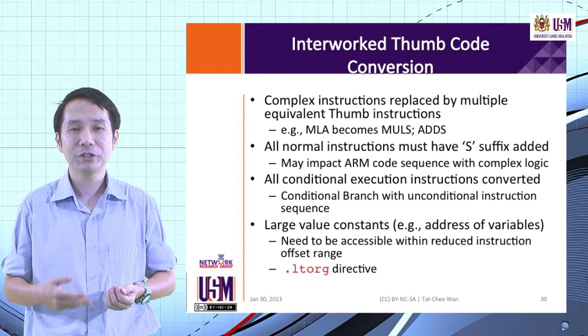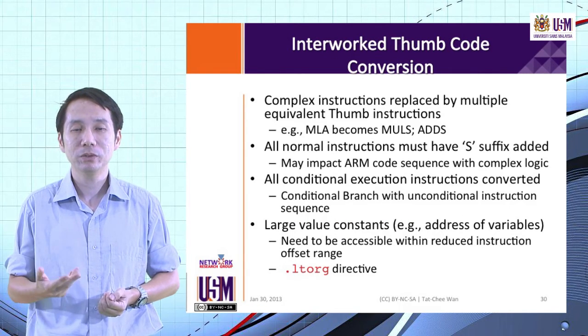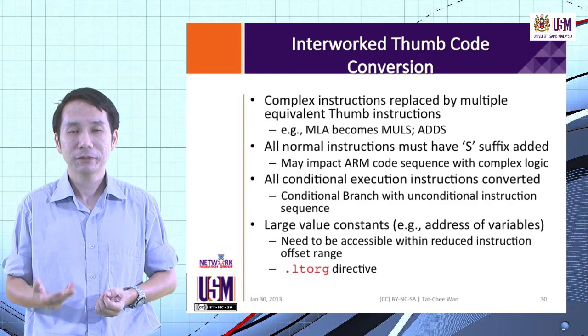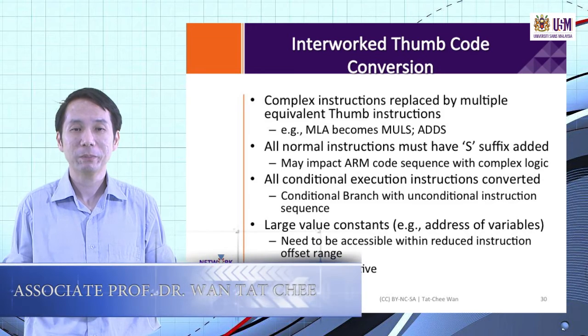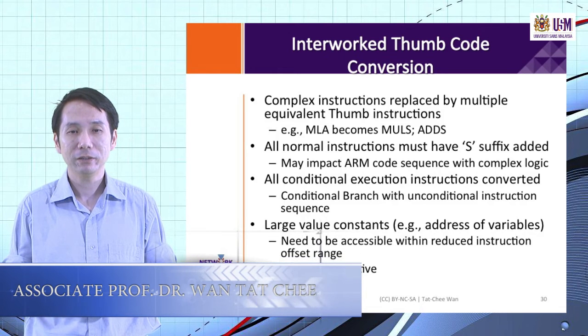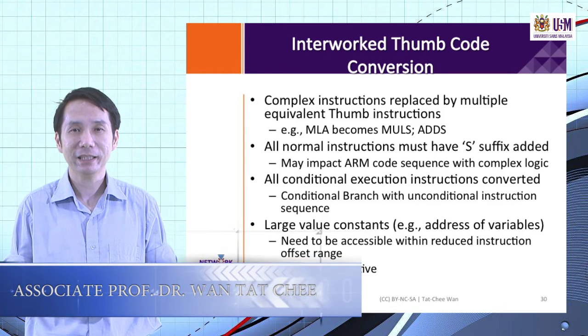Now, what are some of the issues encountered when we attempt to do conversion from ARM code to interworked Thumb code? First, complex instructions must be replaced by multiple equivalent Thumb instructions. Example of this is the use of multiply and accumulate, or MLA. This now becomes MULS followed by ADDS in Thumb code.